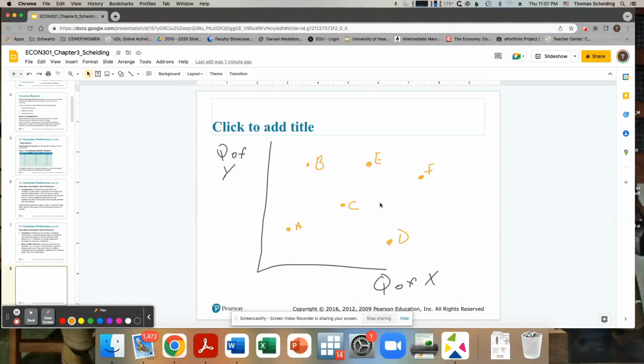What about the relationship between B and C? We don't know. B has more of Y than C, but C has more of X than B. So the additional piece of information we would need to know is the indifference curves.